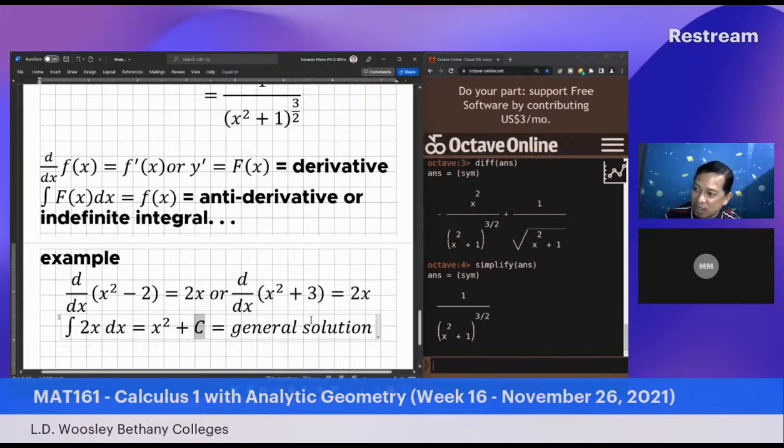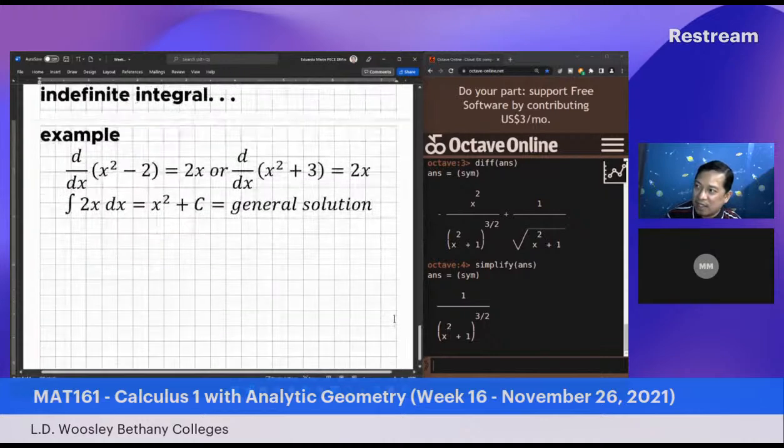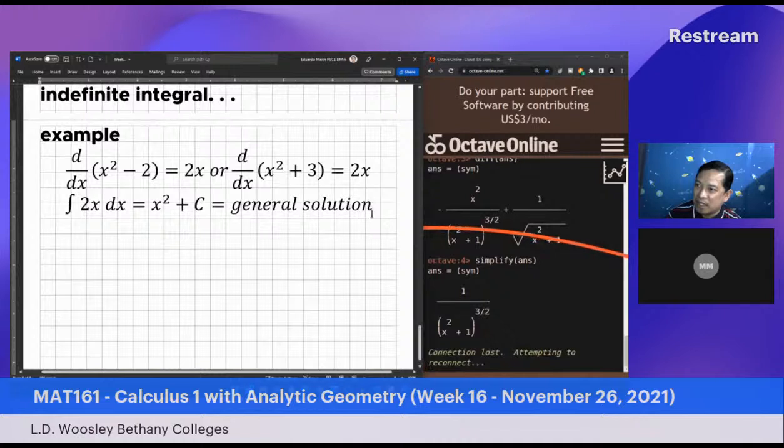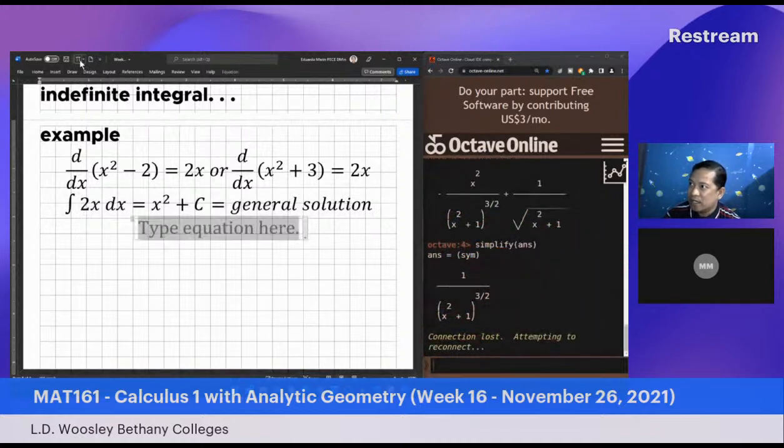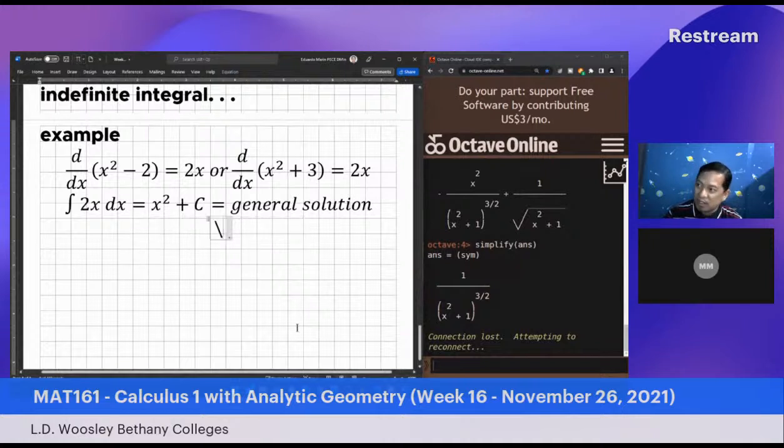General solution lang to, general solution for C kasi hindi natin alam yung C. All right? But of course, versus definite integral, halimbawa magkakaroon tayo ng definite integral, isang halimbawa lang. Pero in definite integral, nasa Calculus 3 mo na at 2 mo na yun, napag-aralan mo na yun.